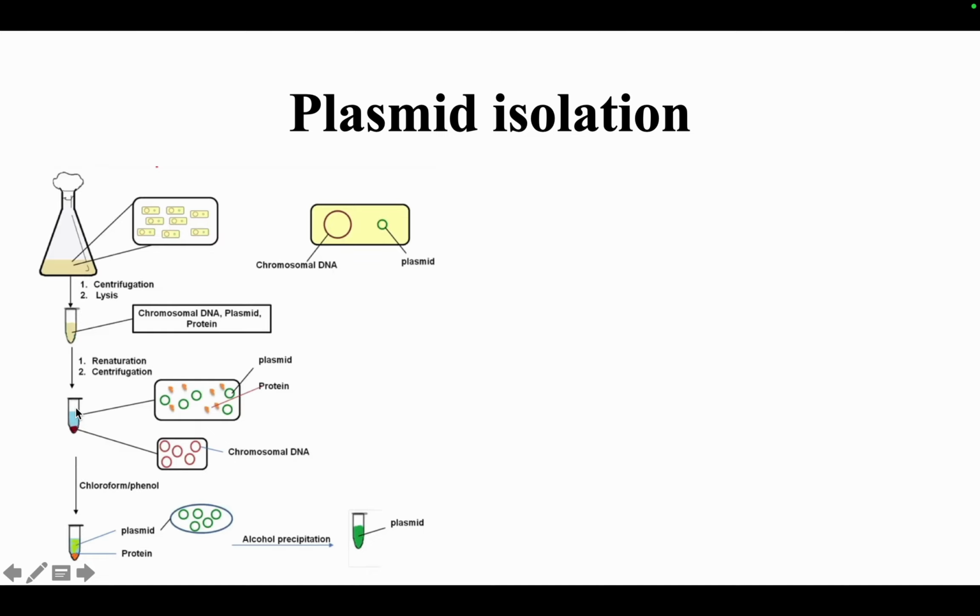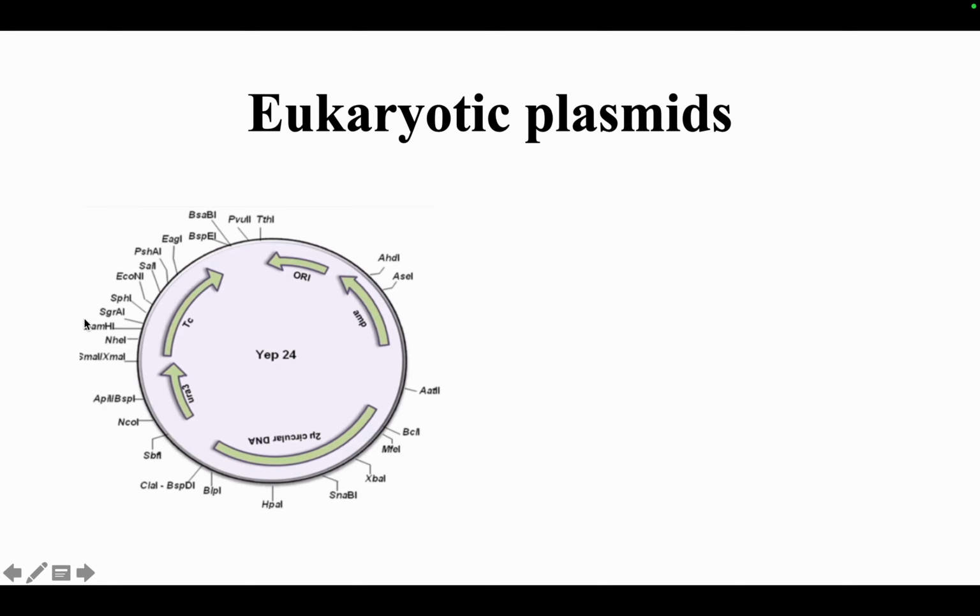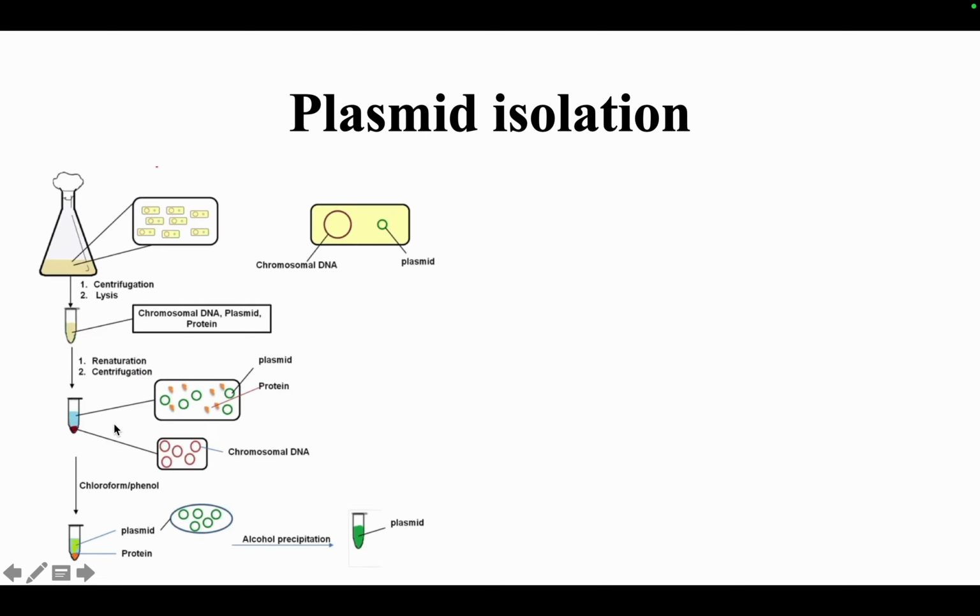Here we are separating these based upon different sizes, utilizing this size fraction. We are able to precipitate the huge chromosomal DNA using different reagents, and the plasmid DNA along with the protein remains in the supernatant.